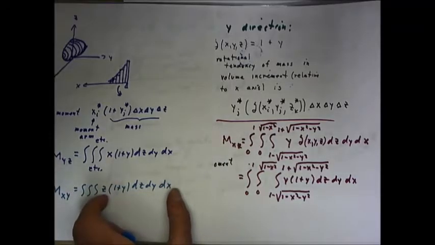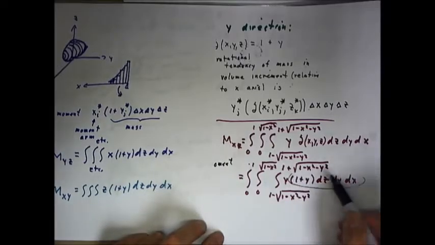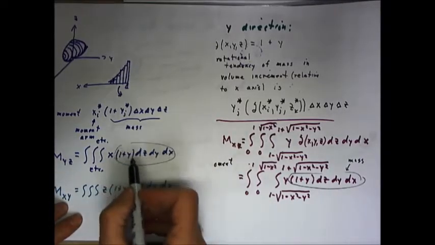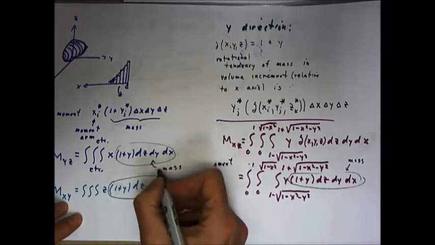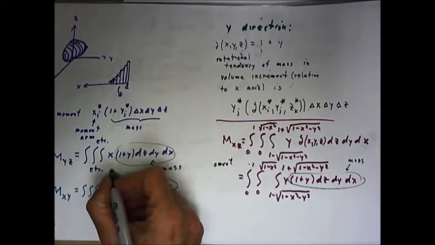Now the 1 plus y dz dy dx is the same for all three moments, because that corresponds to what? That corresponds to the mass within our typical volume increment. So this part here is the mass, and this part represents the mass of a typical volume increment, whereas the y, the x, or the z represent moment arms.